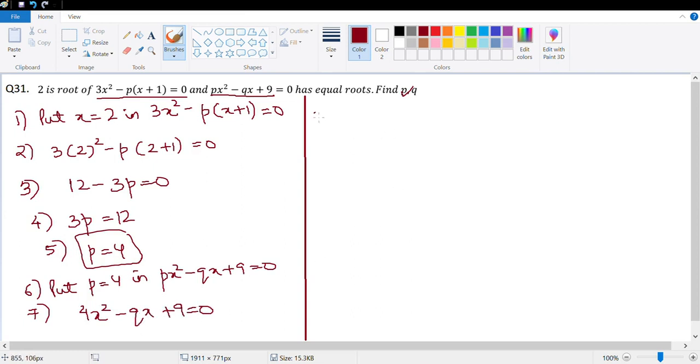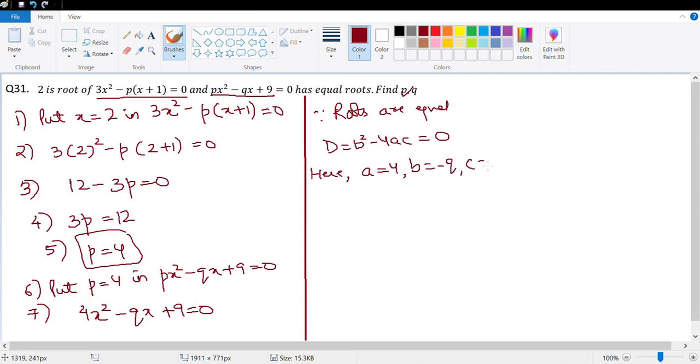Since roots are equal, D, which is equal to b square minus 4ac, is equal to 0. Here a is equal to 4, b is equal to negative q, and c is equal to 9. So let's do b square minus 4ac.